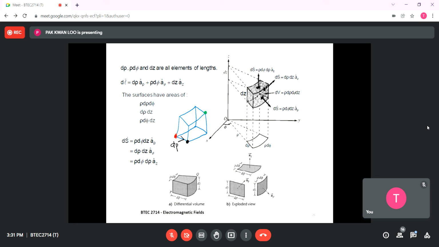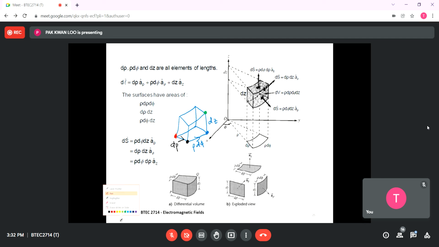So from here to here, this is rho d phi. Okay. And now you are at this point. To move to the green point, it will be dz.